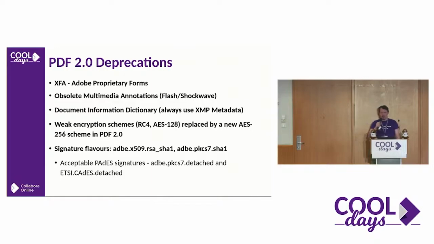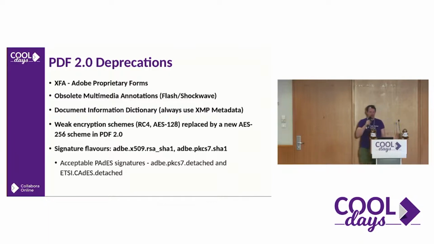Then encryption. They had a lot of encryption schemes previously, like RC4, AES-128. They just said this is all not secure anymore. Just use this new one, the PDF 2.0 AES-256 scheme, and forget about the others.